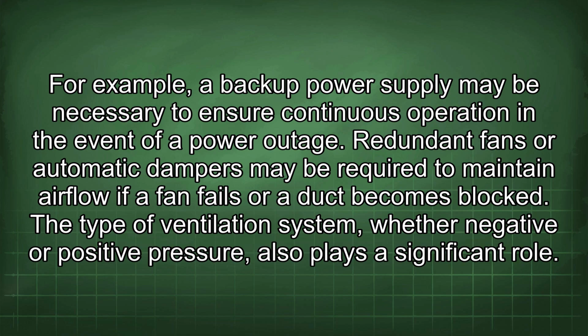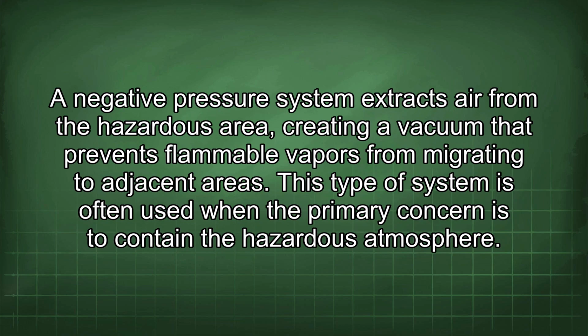The type of ventilation system, whether negative or positive pressure, also plays a significant role. A negative pressure system extracts air from the hazardous area, creating a vacuum that prevents flammable vapors from migrating to adjacent areas. This type of system is often used when the primary concern is to contain the hazardous atmosphere.